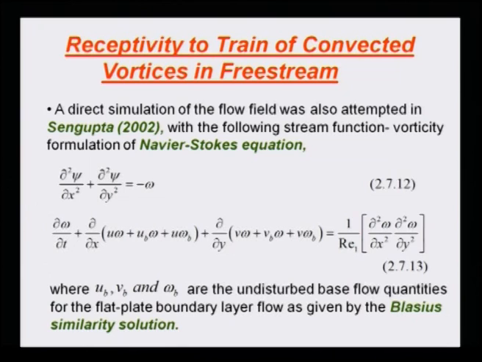So, we can do this calculation. We only note that this equilibrium flow, we can take it up as the Blasius solution. We can compute it, we can take it also like that. Now, what we do is the following.